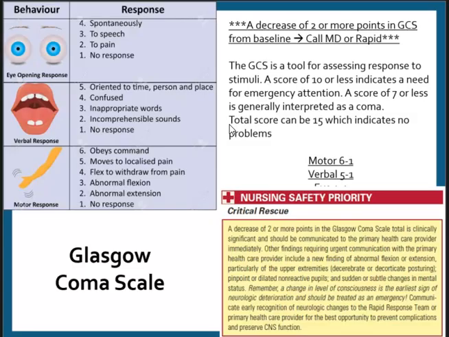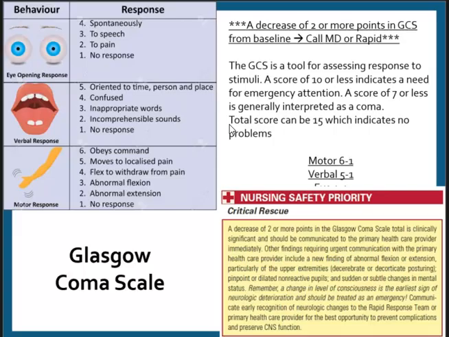Your critical safety priority, critical rescue. So a decrease in 2 or more points in the Glasgow Coma Scale is clinically significant and should be communicated to the doctor immediately. Other findings requiring urgent communication with the primary healthcare provider include a new finding of abnormal flexion or extension, particularly the upper extremities, so your decorticate or decerebrate posturing, pinpoint or dilated non-reactive pupils.